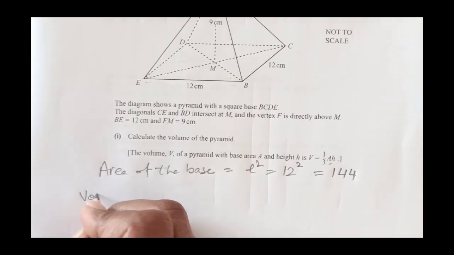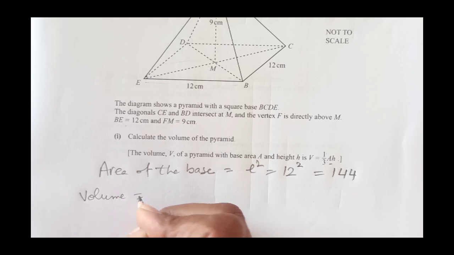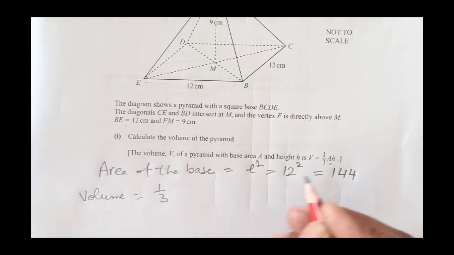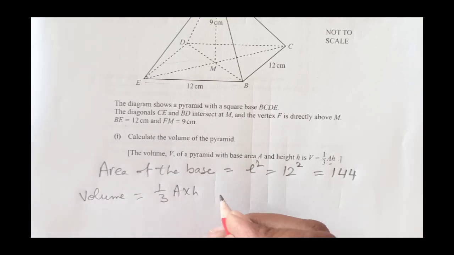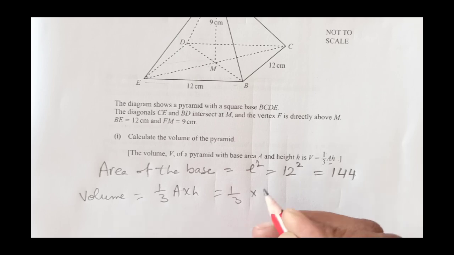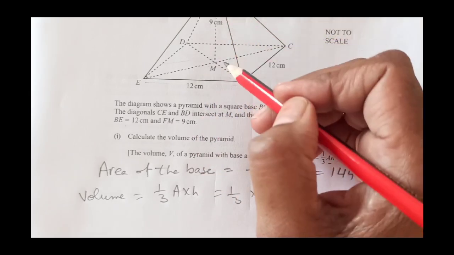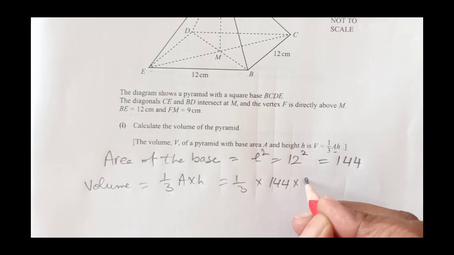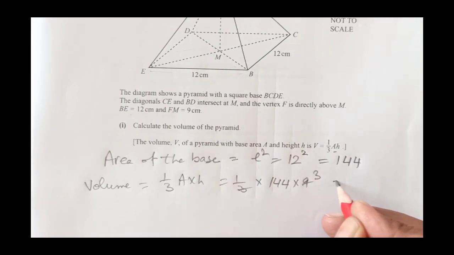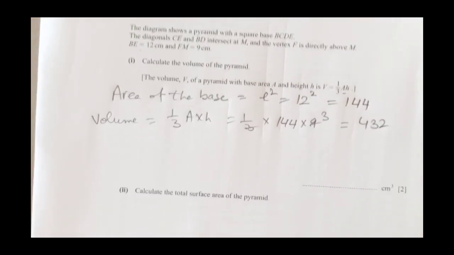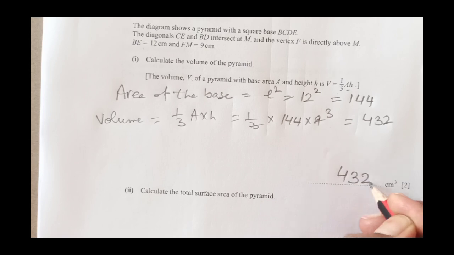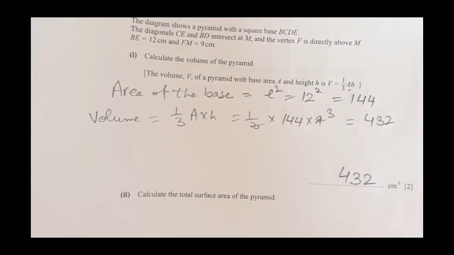Then for the volume we have the formula one third times area times height. So one third times 144 times height. Height we are given here, 9 centimeters. So 3 times 3 times 144 gives 432. So the final answer is 432 centimeters cubed, right?